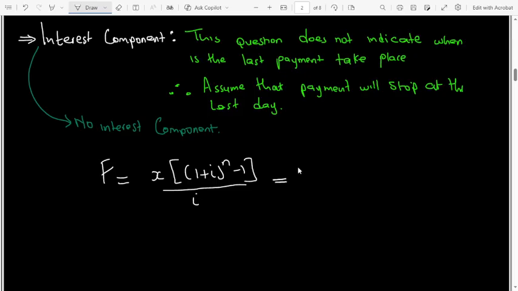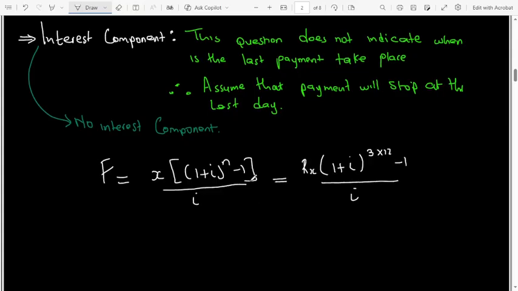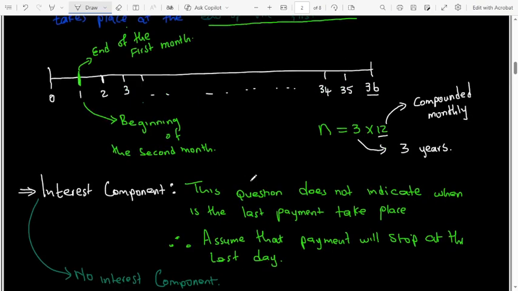If we do the substitution, we are making the monthly installment of Rx every month into 1 plus the interest rate i, and remember n will be 3 times 12, then you minus 1, divide by i. So this is the formula that you're going to use. Let's go to the second example.